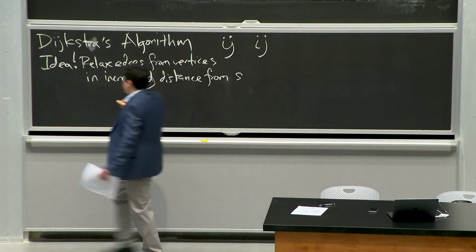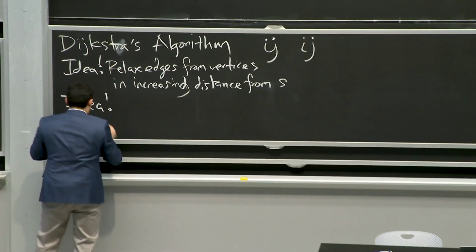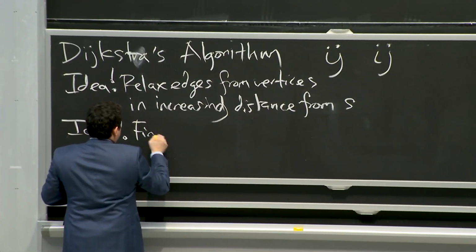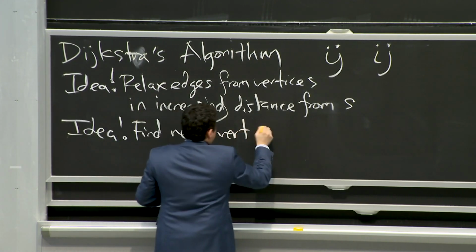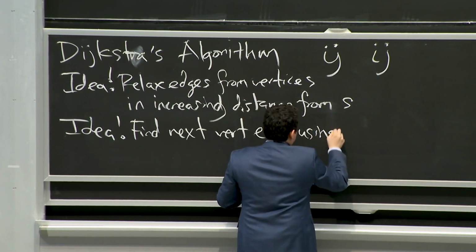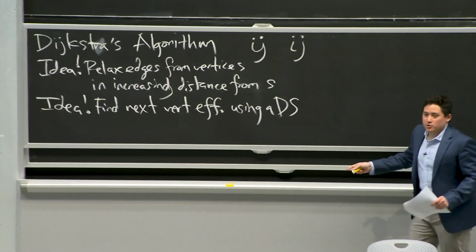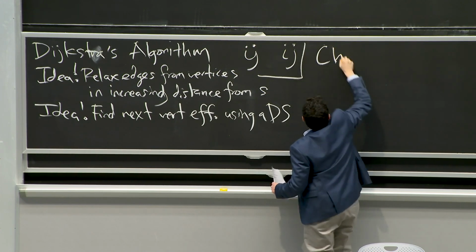Well, the second idea is find the next vertex efficiently using a data structure. Okay? And the data structure we're going to use is something I like to call a changeable priority queue.